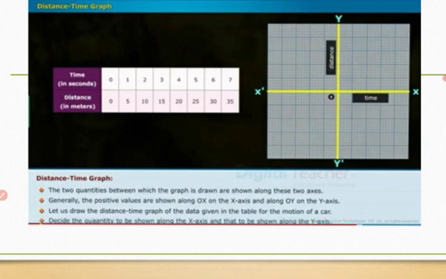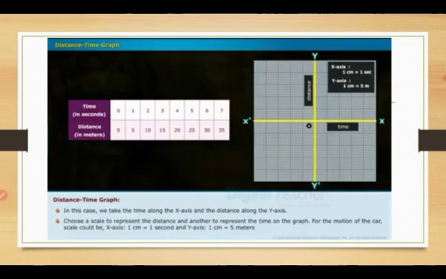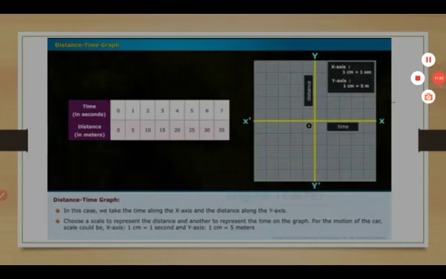For representation we take the time on the OX axis and the distance on the OY axis.